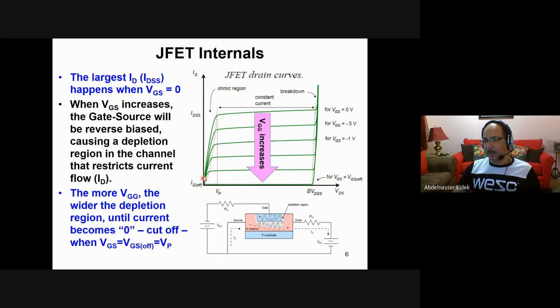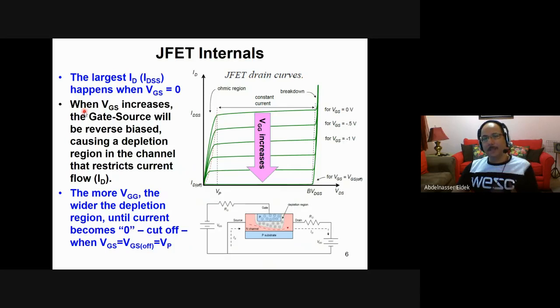Okay, as you see here, until you reach a certain voltage where VDS equals VP, the pinch off voltage. Then after that, the current will be almost constant, until you reach the breakdown voltage here, then in this case, there will be a breakdown.